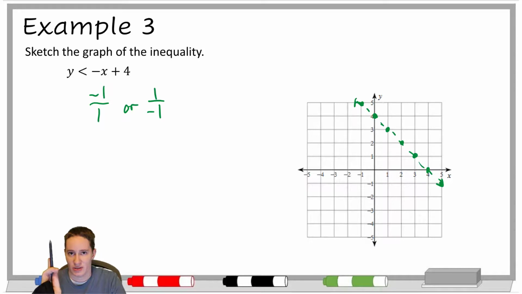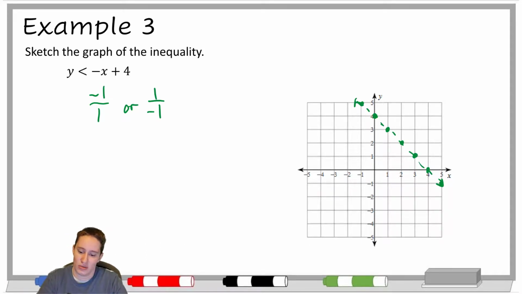You take your pen or pencil and you put it on the line that you've got drawn. Doesn't matter where you put it, you're just going to place it on there. And then if your inequality is less than, you draw down. If your inequality is greater than, you draw up, because this is y is less than or y is greater than. And then whatever side of the line you've drawn on, that's the side we should shade.